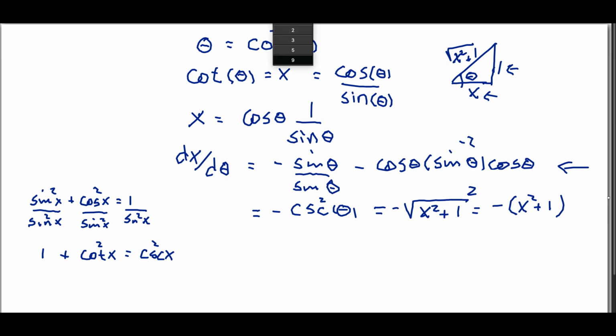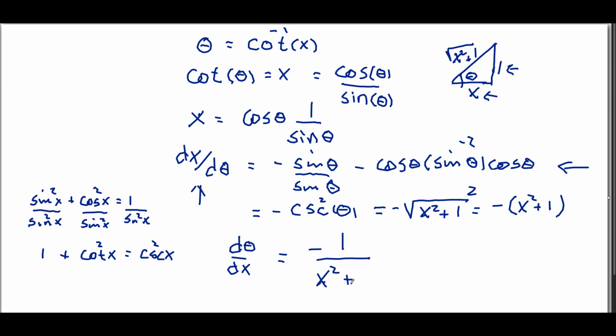Okay, so that's d theta dx, which is just that flipped, which means we have minus 1 over x squared plus 1.